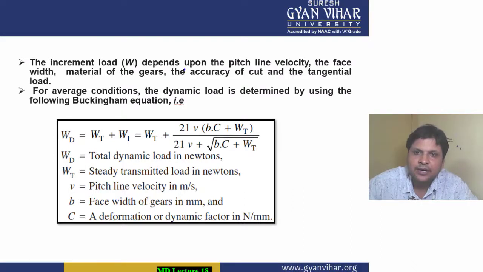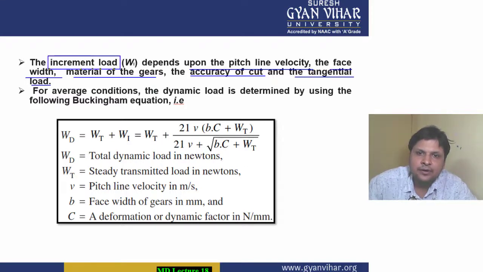This WI basically depends on pitch line velocity, face width, material of the gear, accuracy of the gears that are cut, and also the tangential load. These are the factors on which the increment load depends.